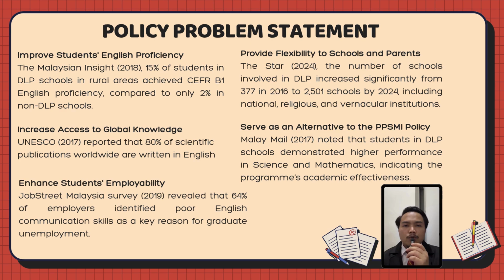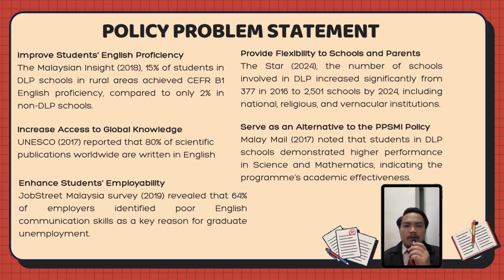Finally, DLP was introduced as a more balanced and sustainable alternative to the previous PPSMI policy. Unlike PPSMI, DLP aligns with the government's MBMMBI policy, upholding the Malay language while strengthening English.